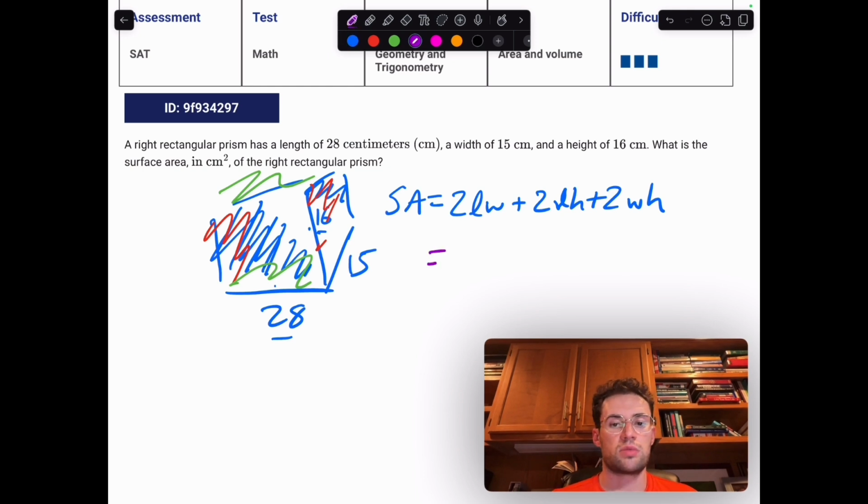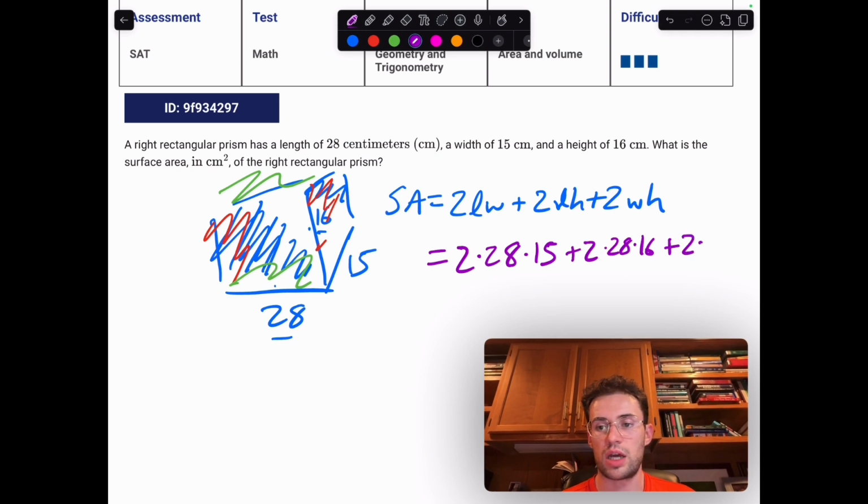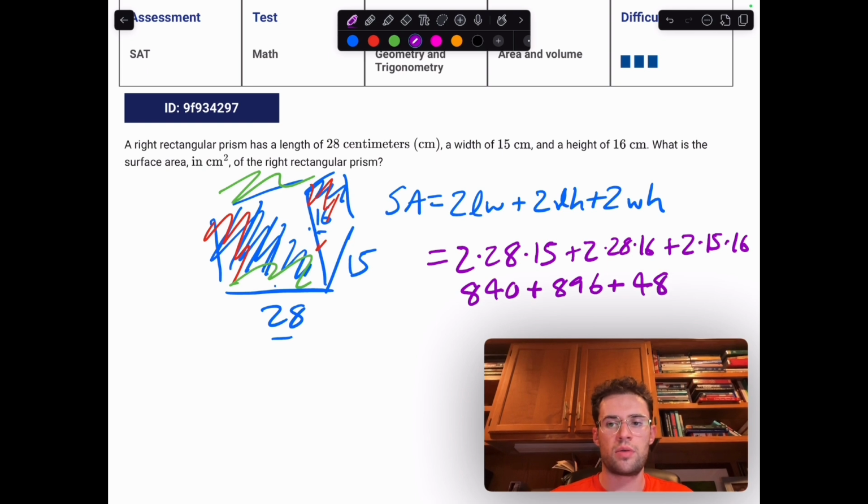But in this case, we would do 2 times, let's say, 28 times 15, plus 2 times 28 times 16, plus 2 times 16 times 15, or 15 times 16. Just add all of those up. This is 840. This is 896. This one is 480.